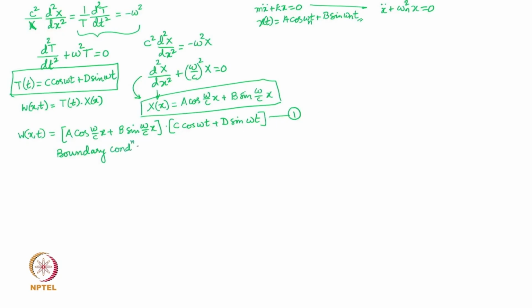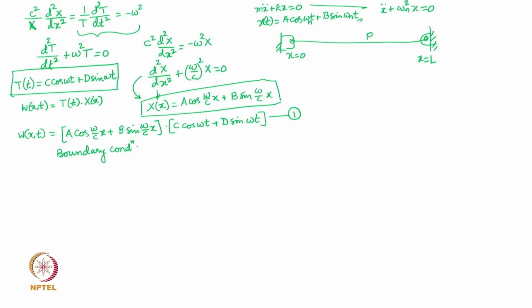We look at what the boundary conditions are. Now what is the boundary condition for a string which is stretched at its ends? Okay, so what we are basically going to see is a string having a length equal to capital L, stretched with a tension P in the string at the two extreme ends.